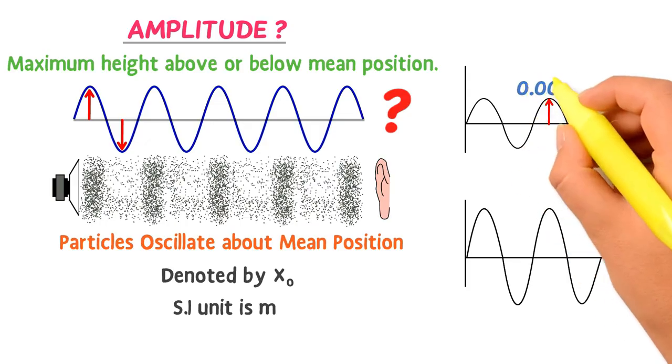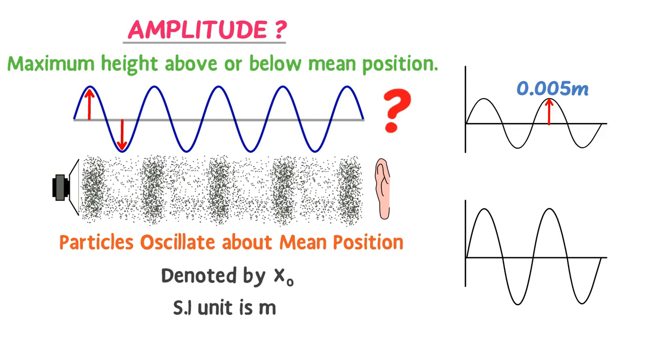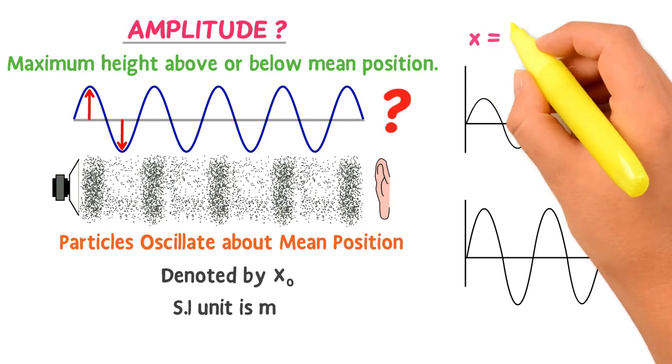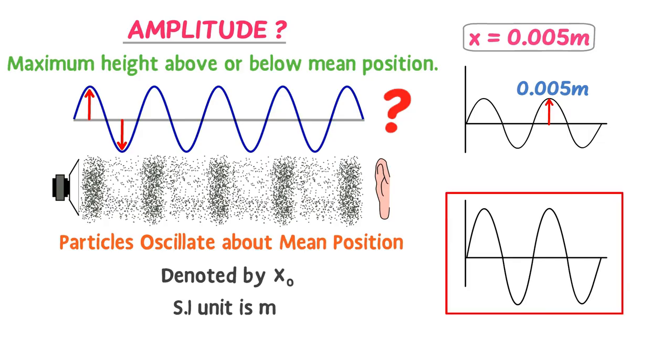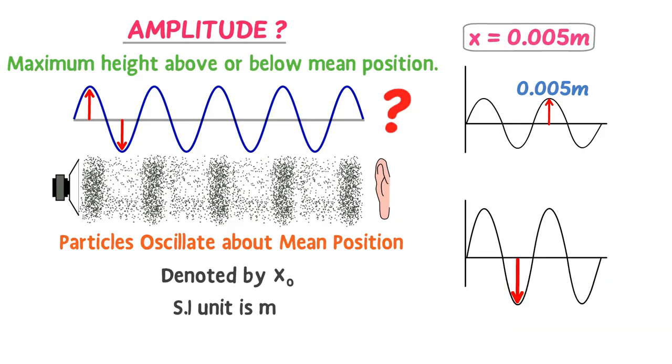For example, when I measured the length of this peak point from the mean position, suppose it was 0.005 meter. So the amplitude of this wave is x0 equal to 0.005 meter. Similarly, in this wave, to find its amplitude, we measure the length of this peak point from the mean position.